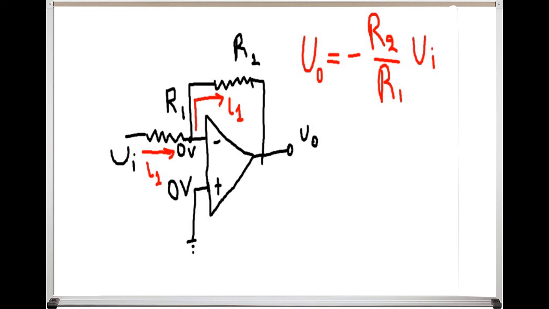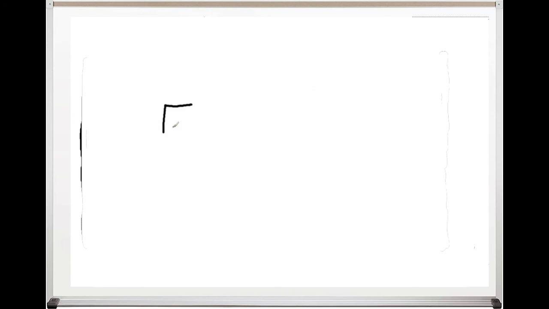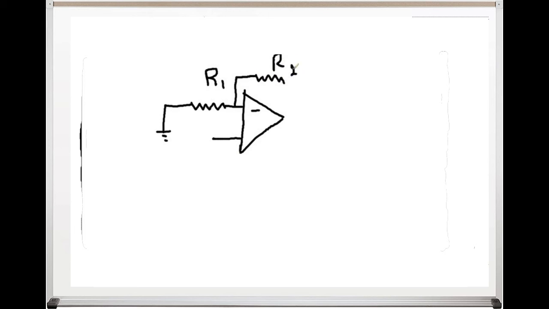The second closed-loop configuration that we will study today is the non-inverting configuration. Here, the input signal is applied to the positive input terminal. You can see on your screen the basic circuit of the non-inverting configuration.